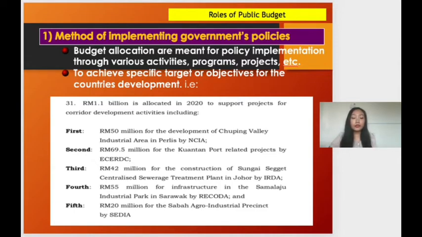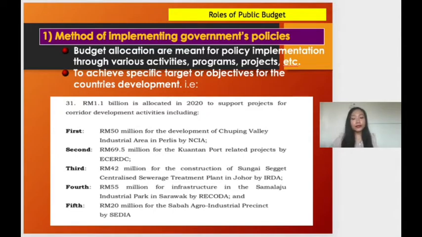So the activities involved are 50 million ringgit for the development of Chuping Valley Industrial Area in Perlis by NCIA, 69.5 million ringgit for the Kuantan Port related projects by ECERDC, 42 million ringgit for the construction of Sungai Segget Centralized Sewerage Treatment Plant in Johor by IRDA, 55 million ringgit for infrastructure in the Samalaju Industrial Park in Sarawak by RECODA, and also 20 million ringgit for the Sabah Agro Industrial Precinct by SEDIA.